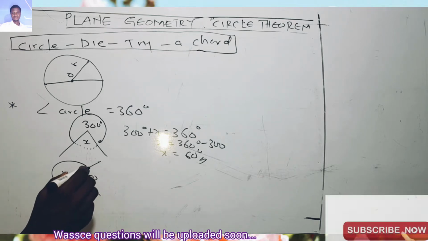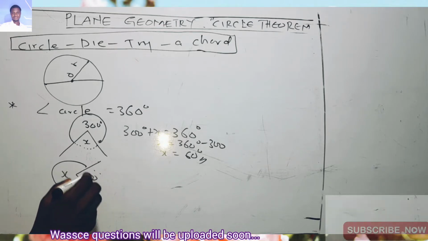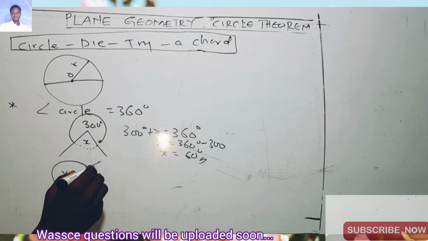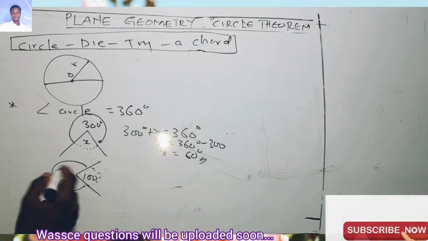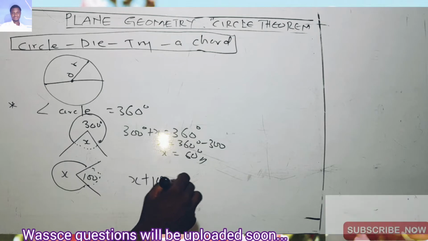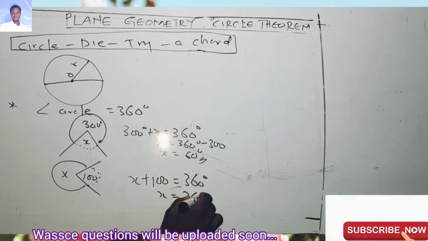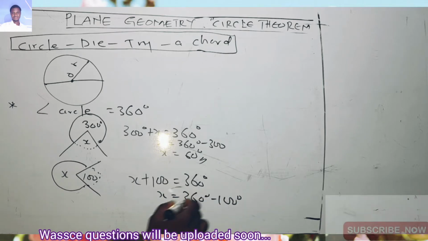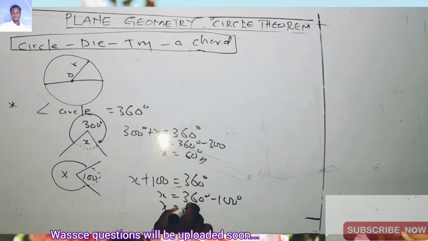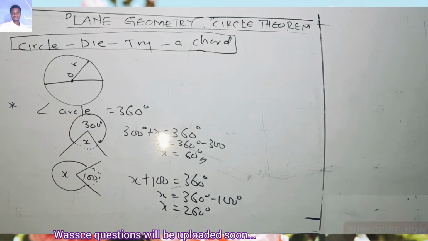We know that the total angle at a point in the circle is 360. So x plus 100 should give you 360, and x is 360 degrees minus 100 degrees. So x is 260 degrees. And so if you understand this, it becomes very easy for you.